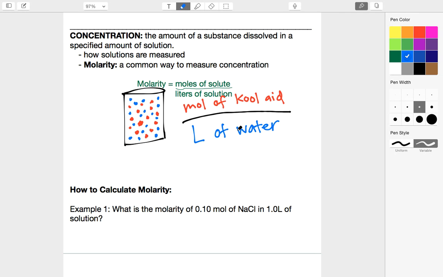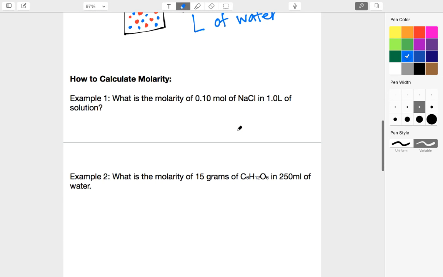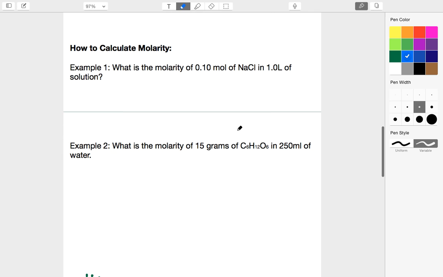So let's do some calculation examples. How to calculate molarity. Example number 1. What is the molarity of 0.10 moles of NaCl in 1.0 liters of solution?